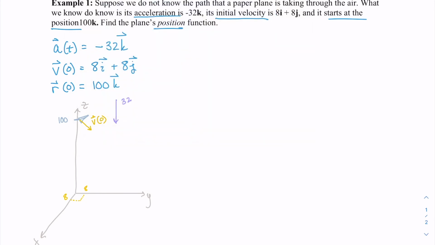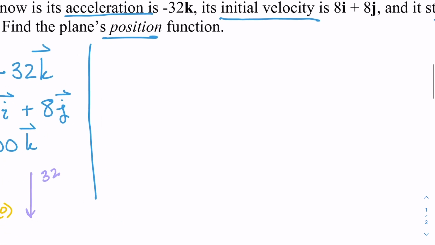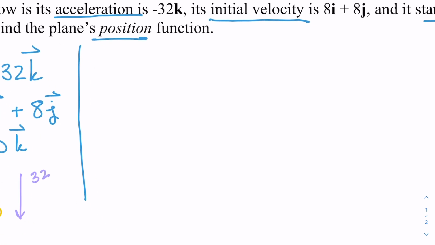So here's all our setup. So the first thing we'll do is integrate the acceleration to find the velocity. So v of t is equal to the integral of acceleration. And so what is that going to be?